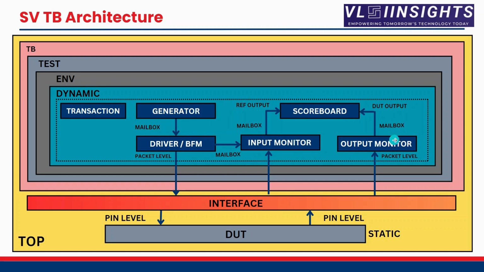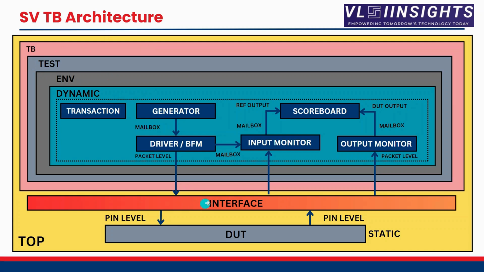But when we want to do the communication out of the test bench, so this is our test bench, right? Out of the test bench, when we want to do the communication, we are supposed to use interface. Now you people can have one question: why can't we use interface inside the test bench also? The answer is, the DUT is a static component and the test bench is dynamic.